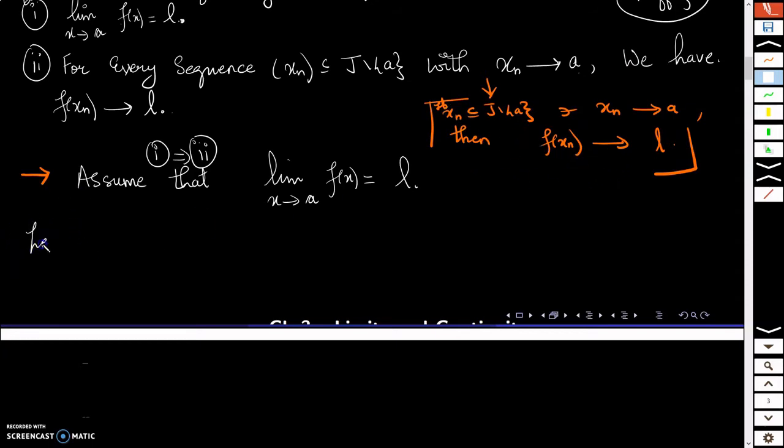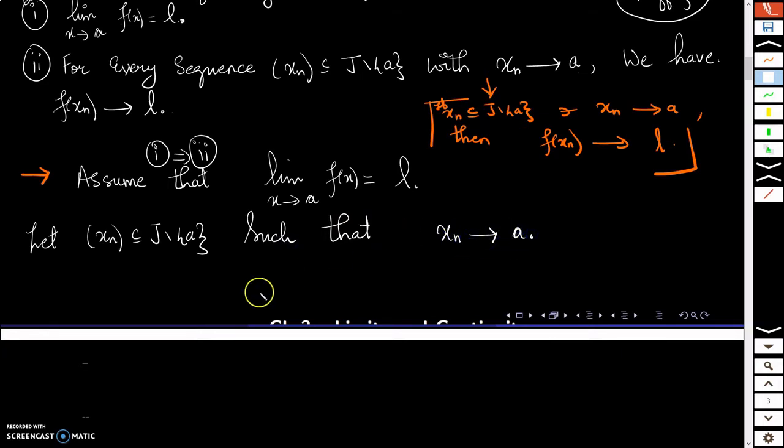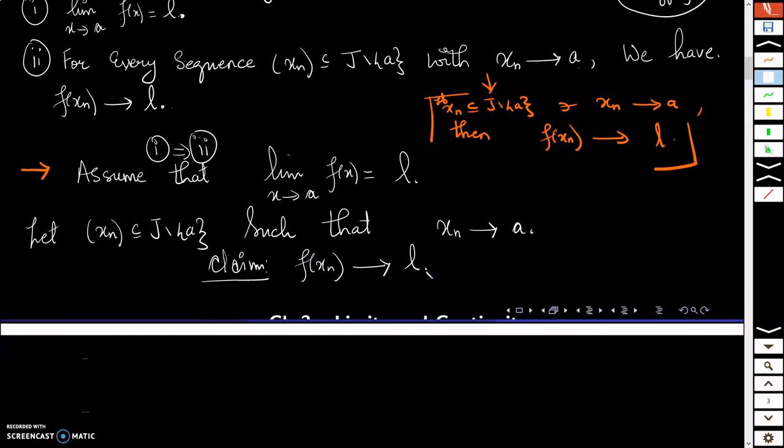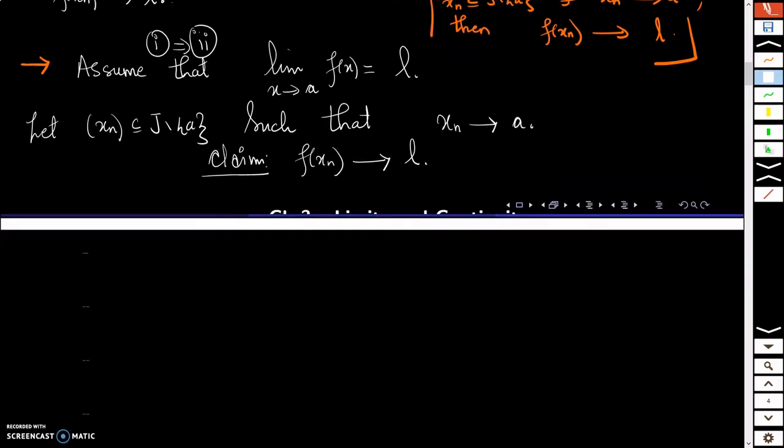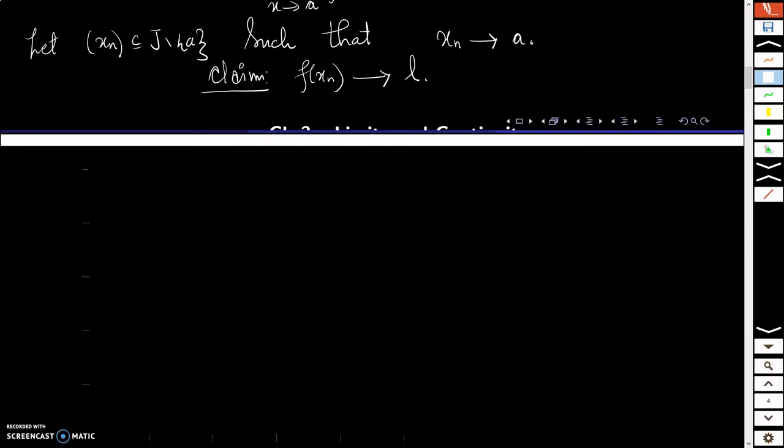So I will start with a sequence xn in J difference A such that xn converges to A. And what is the claim? We are claiming that f of xn will converge to L. We have already dealt with such convergence of sequences.